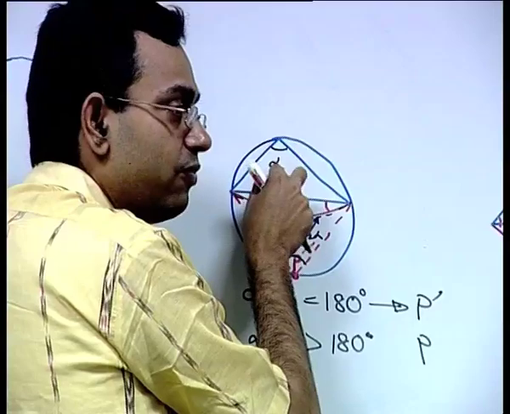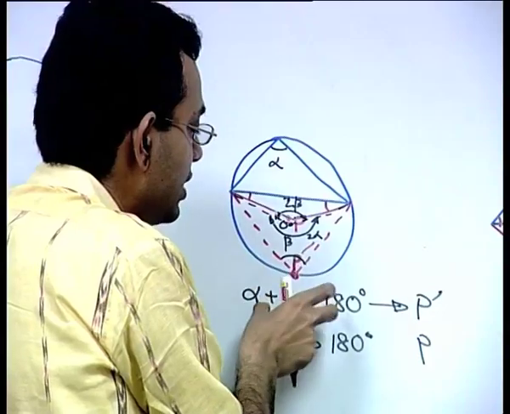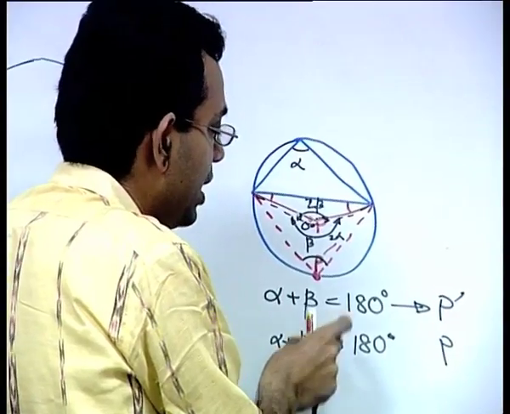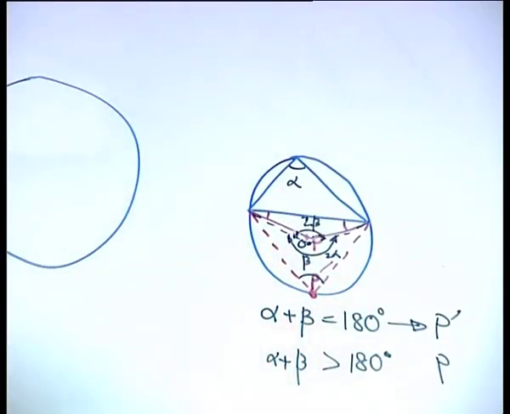For a particular alpha this angle beta increases. So if for the point P dash it was alpha plus beta equal to 180 degree, for the point P the beta will be greater than the case with P dash, so that will be greater than 180 degree.